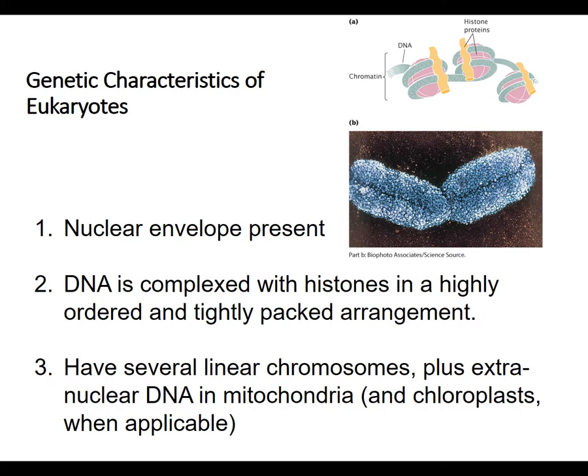However, eukaryotes do have DNA in the mitochondria and chloroplasts, and that DNA is circular, reminiscent of the origins of those organelles coming from ancient eubacterians.